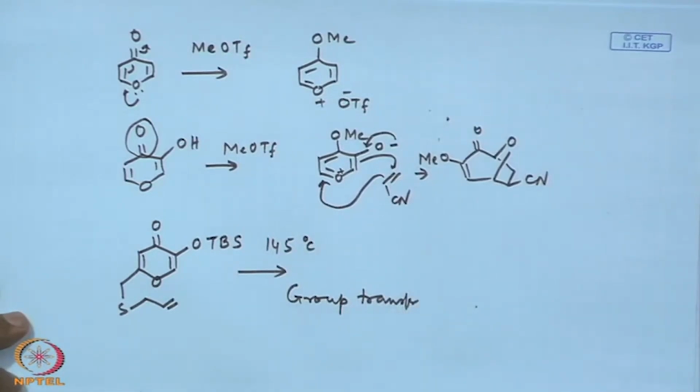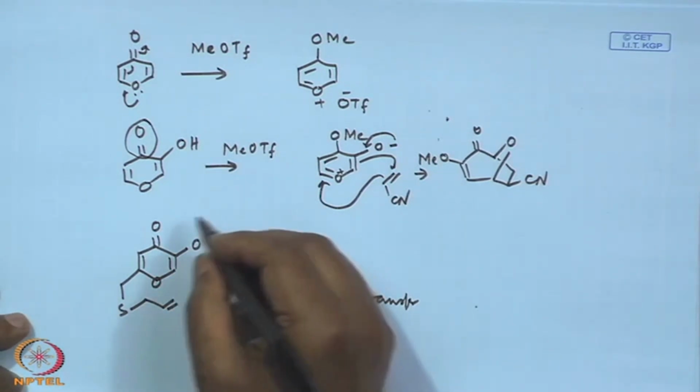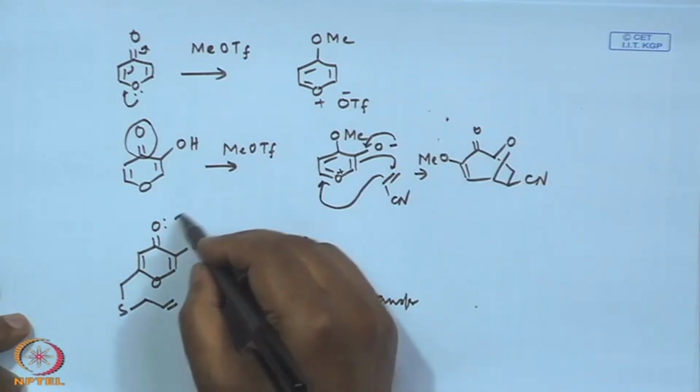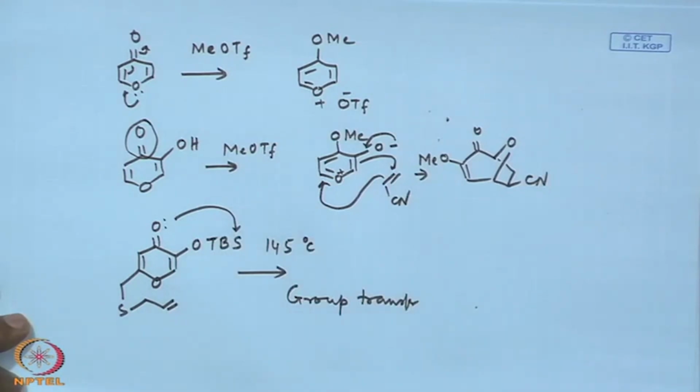What does it mean? It means one of the groups would transfer from one place to the other, and probably many of you know what is expected here: this oxygen lone pair would react intermolecularly with the silicon, very similar to a reaction known as the Brook reaction, right? Brook rearrangement. What is it?